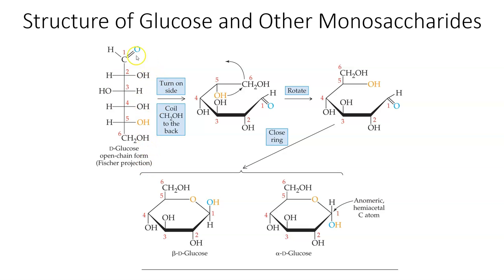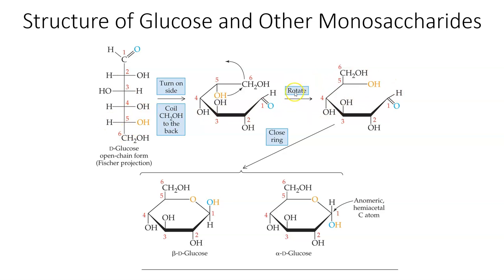What we can do is reorganize the shape of this, so this aldehyde is going to be here, that's the 1 carbon, and then 2, 3, 4, 5, and 6. We're going to reorient this in that more cyclic structure. And you can see how some of these groups go down to the bottom or come up to the top. So these alcohol functional groups are going to be pointed in different directions depending on if they're right or left on this orientation here as well.